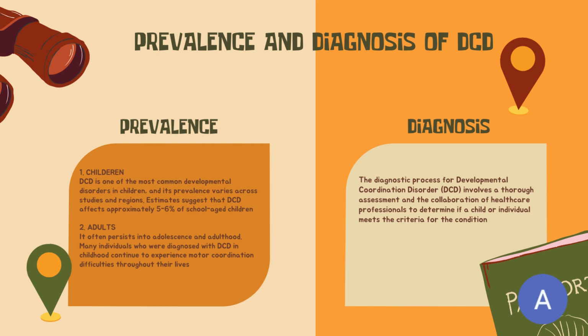While they may have received therapeutic intervention and developed strategies to cope with their condition, they still have difficulties with certain motor tasks and coordination. So the impact of DCD in adulthood can extend beyond motor coordination. It can affect an individual's ability to drive, participate in sport, and even perform specific job-related tasks.